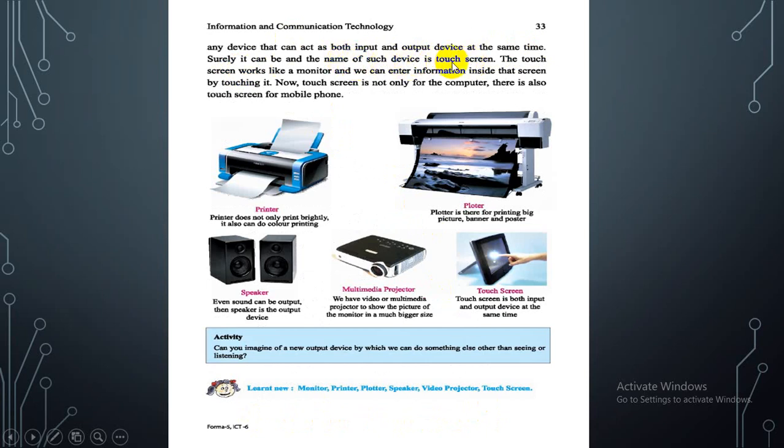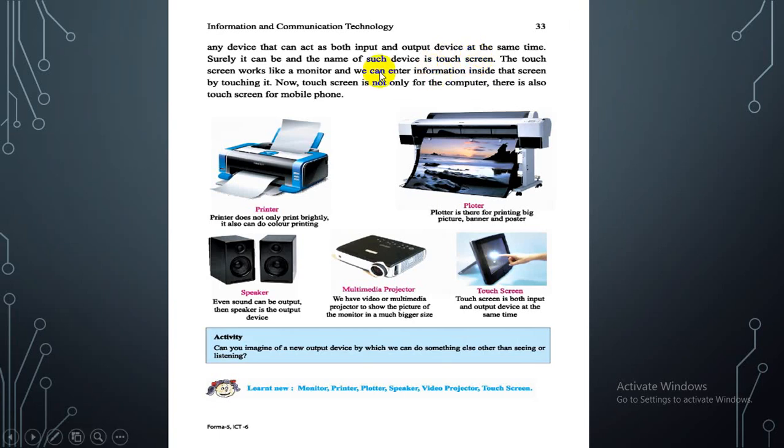In that touch screen, we can get both input and output. Whenever you touch or write anything on this screen, that will be input, and when the screen shows us the writing, at that time it will be an output device.